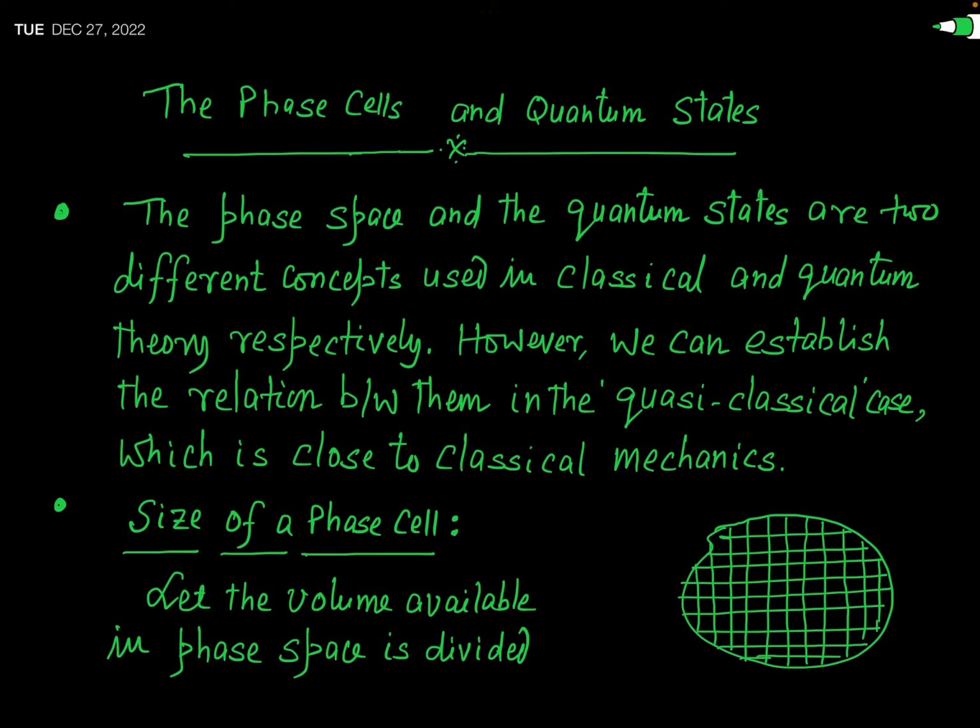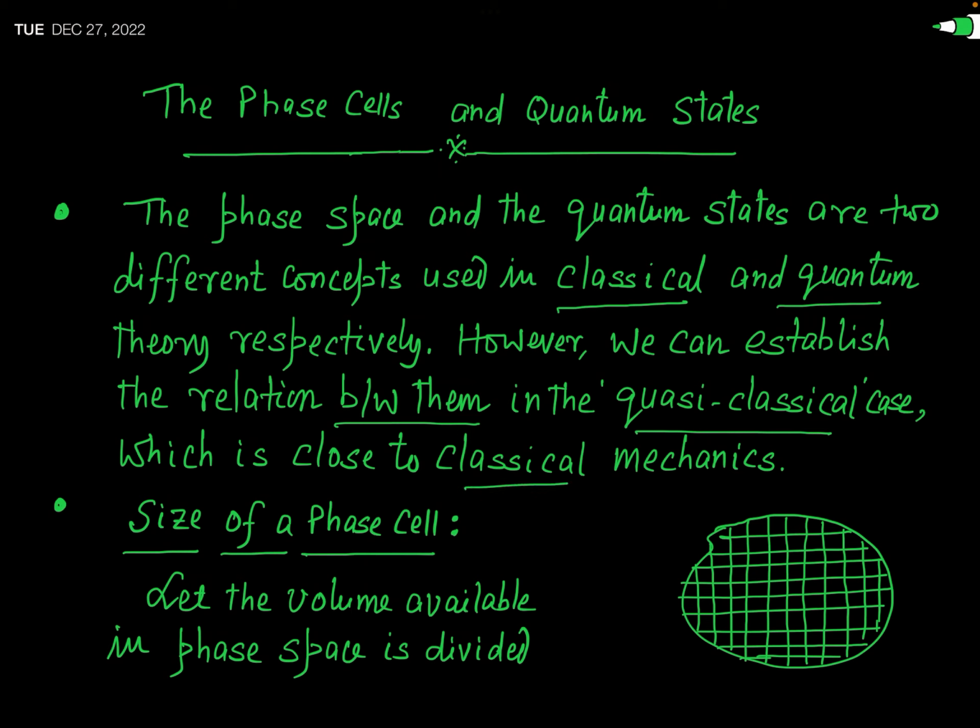So I have told you that the phase space and the quantum states are two different concepts. The concept of phase space is used in classical mechanics, while the concept of quantum states is used in quantum mechanics. But as I have told you, we can establish a relation between them in the quasi-classical case, which is very close to classical mechanics.